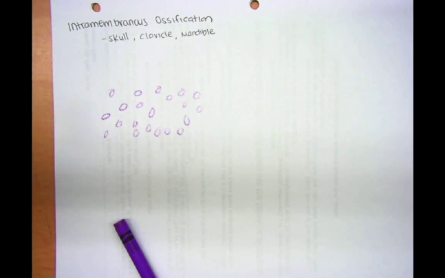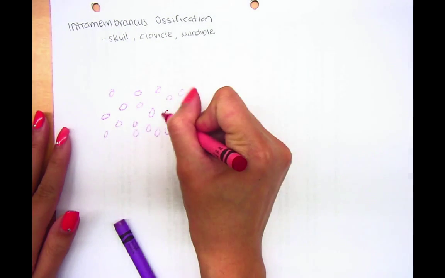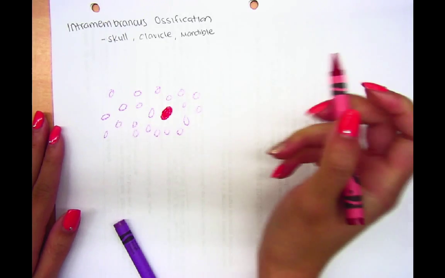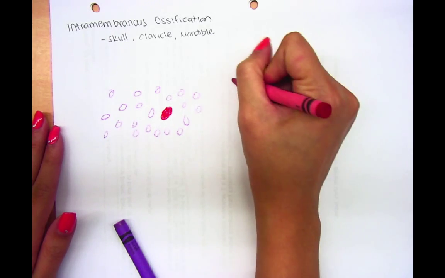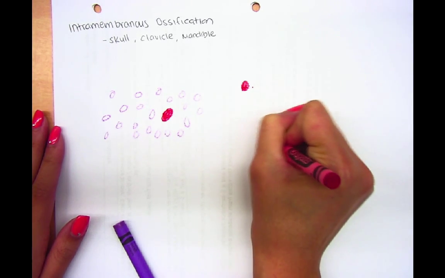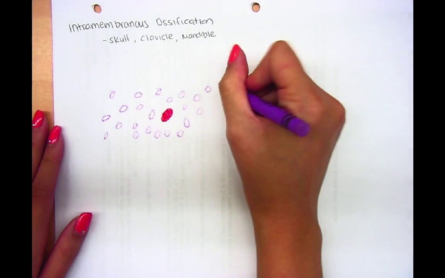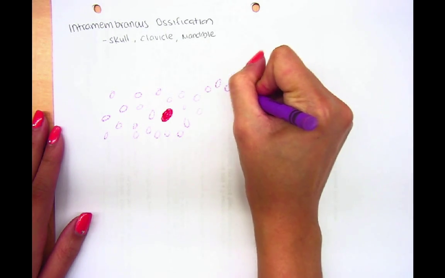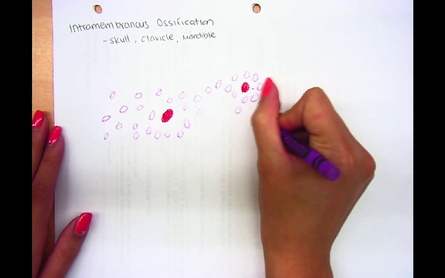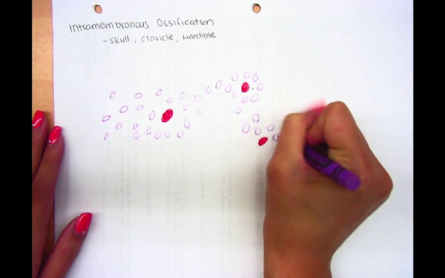I'm going to grab a red here to draw a blood vessel. And there might be a blood vessel over here as well, and here. So they're going to start making copies and dividing, and they'll divide mostly around your blood vessels.